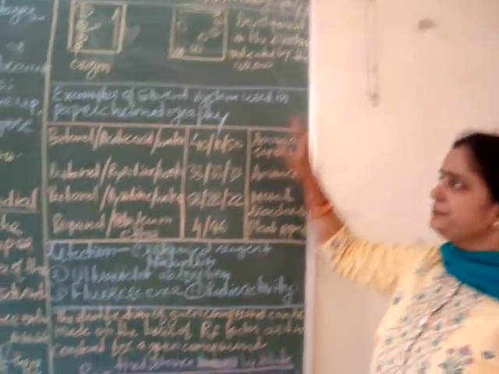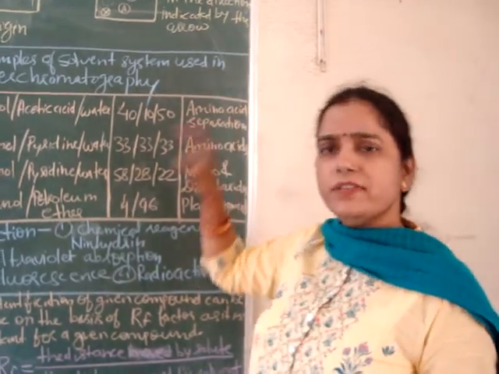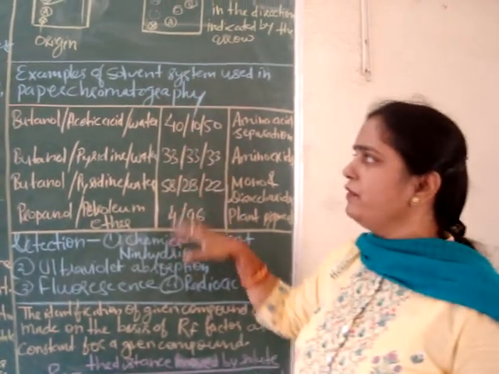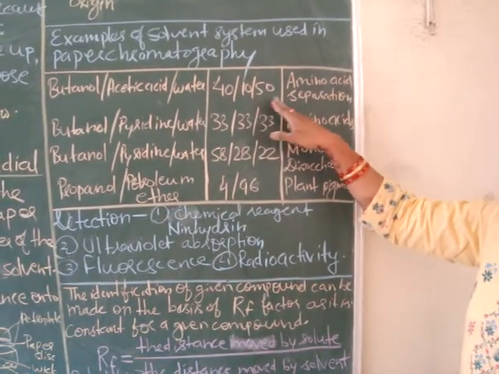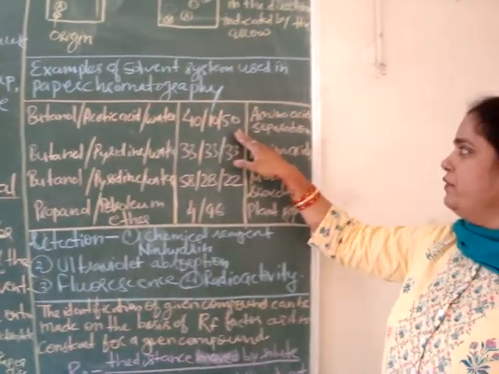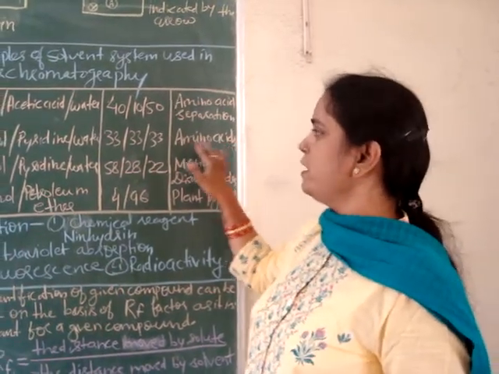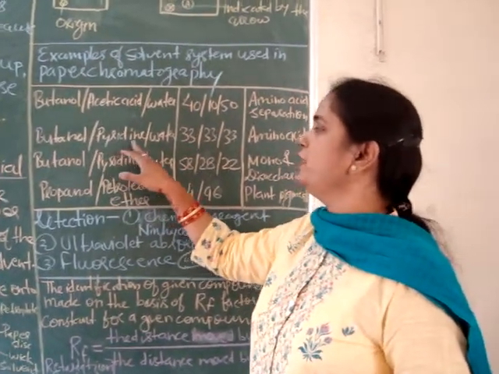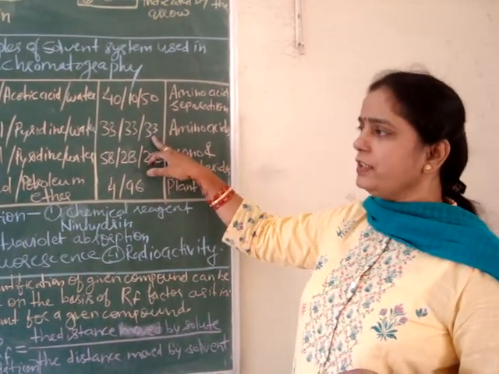Now there are some examples of solvent systems used in paper chromatography. Butanol, acetic acid, water in the ratio of 40:10:50 for amino acid separation. For amino acid separation we can also use butanol, pyridine and water in the 33:33:33 ratio.